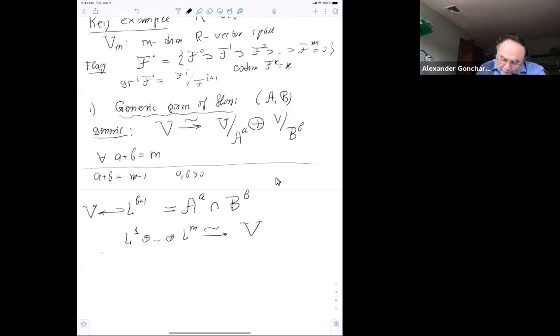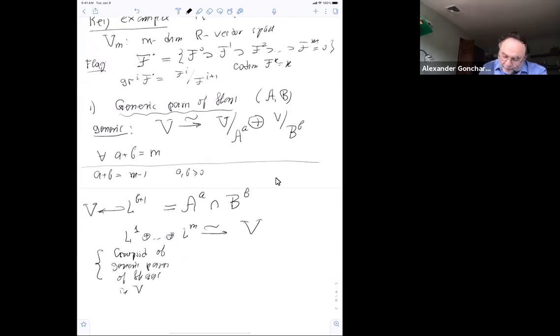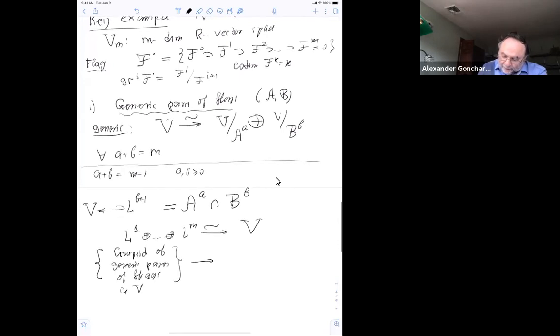And so the simple lemma in this case says the following: if you consider the groupoid of generic pairs of flags in our m-dimensional space, this groupoid is equivalent to another one.